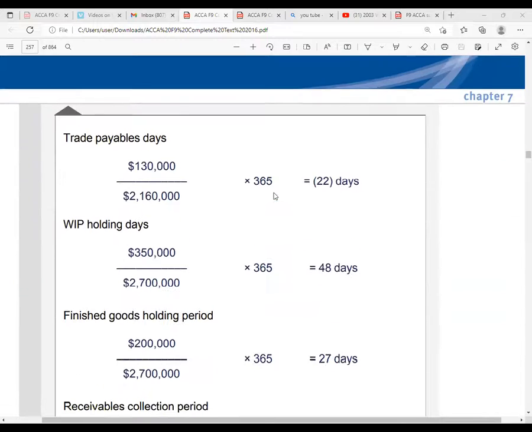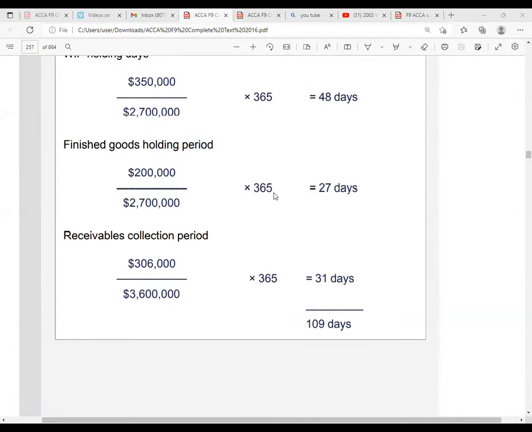Let's start with the receivable days. So receivable days or receivable collection period is 31 days. Yes, it's 31 days. I love you guys. You guys are bright. 31 days.